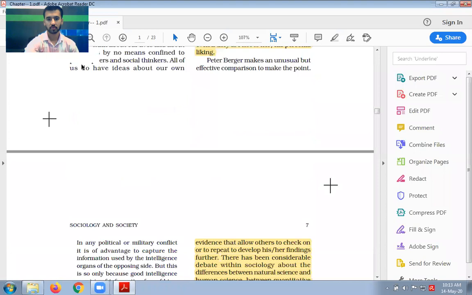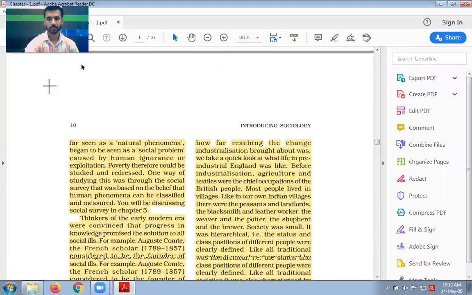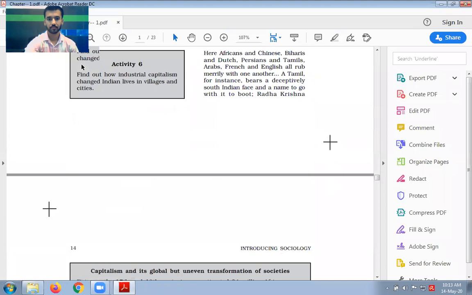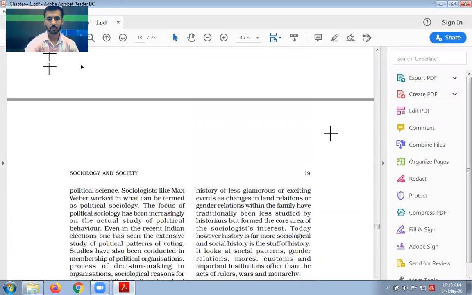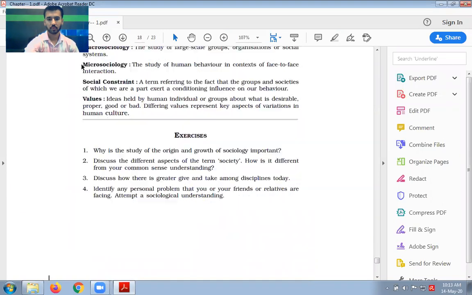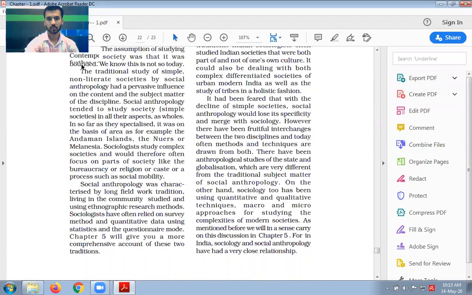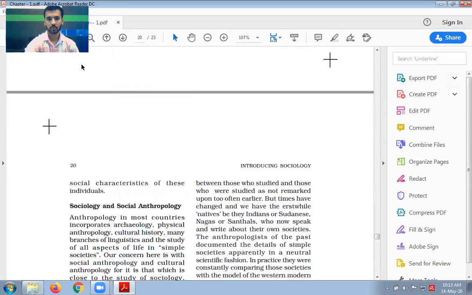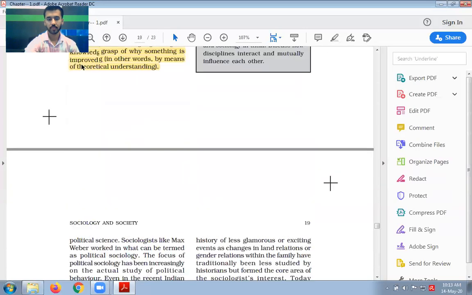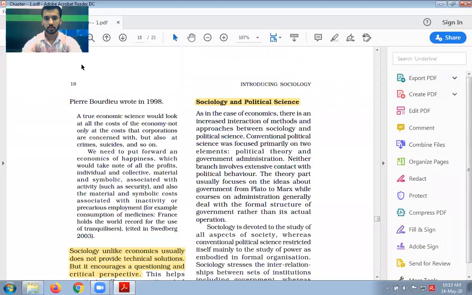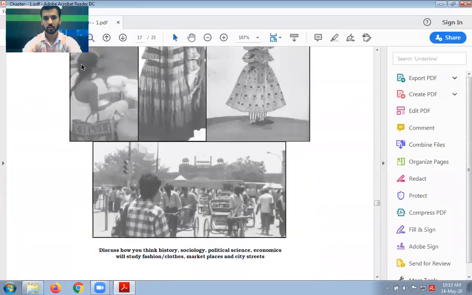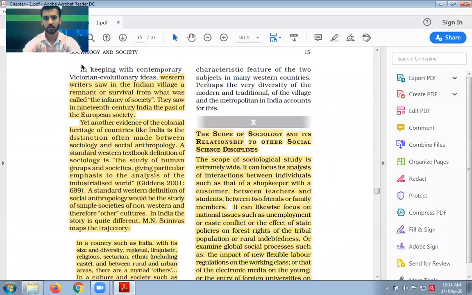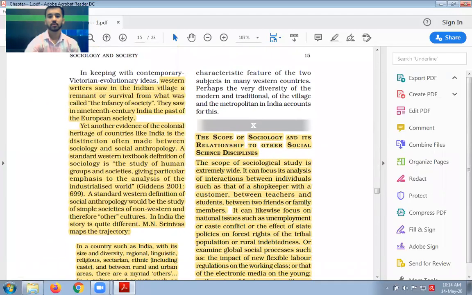So this is the topic. So look at my cursor. I'm using my cursor to highlight the lines.